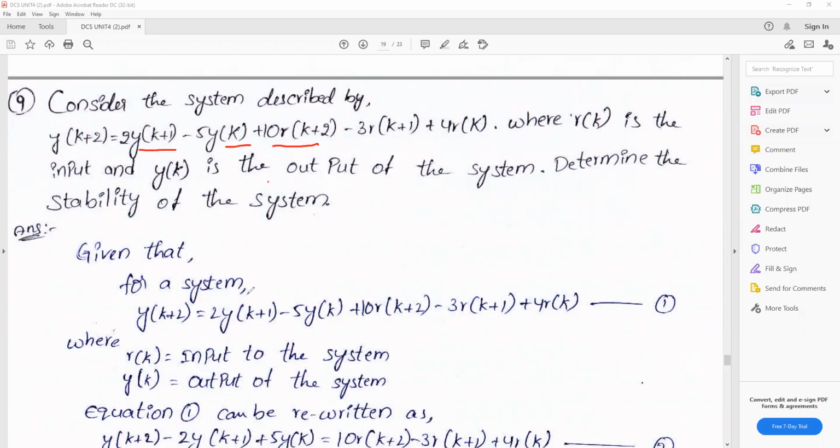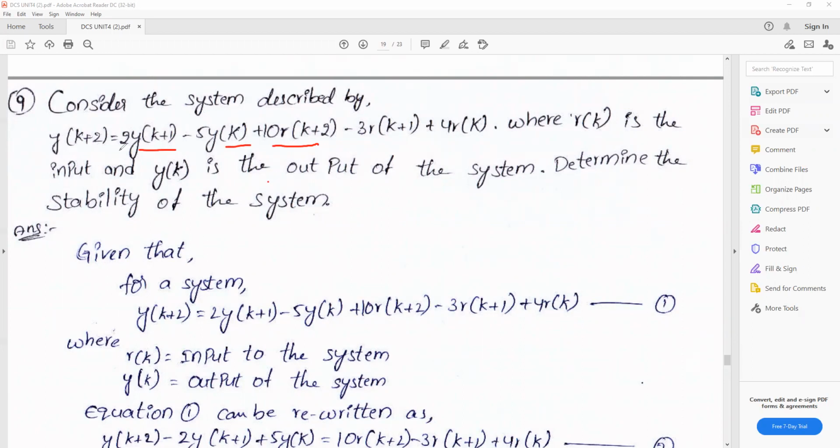Okay, first, a system is given to us: y of k plus 2 equal to 2 into y of k plus 1 minus 5 y of k plus 10 into r of k plus 2 minus 3 into r of k plus 1 plus 4 into r of k. r of k is the input signal, y of k is the output of the system.